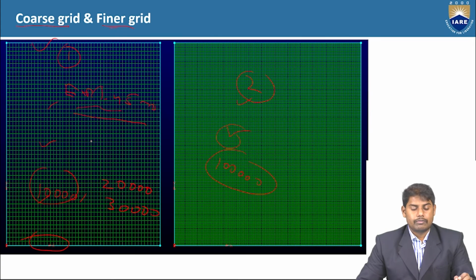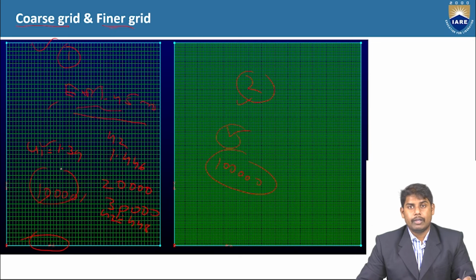At each grid you will have a solution. Let's say this is U1, where the velocity has come to 1.39. For U2, let's say the velocity has come to 1.446, and here it has come to 1.448, let's say. So we have U1, U2 and U3.